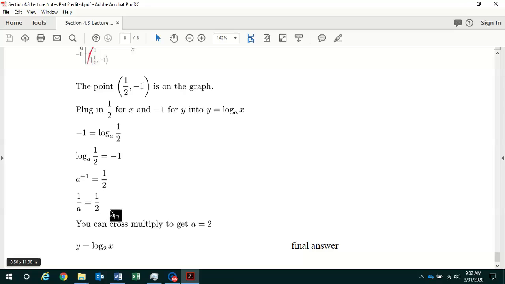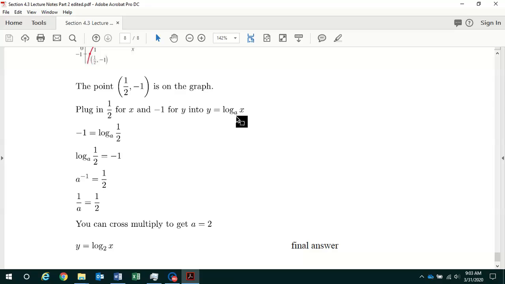solve for a. So you can multiply both sides of this equation by 2 times a, or you can just cross multiply, and when you cross multiply you have a times 1 is a is equal to 1 times 2 is 2, and so we have a is equal to 2.